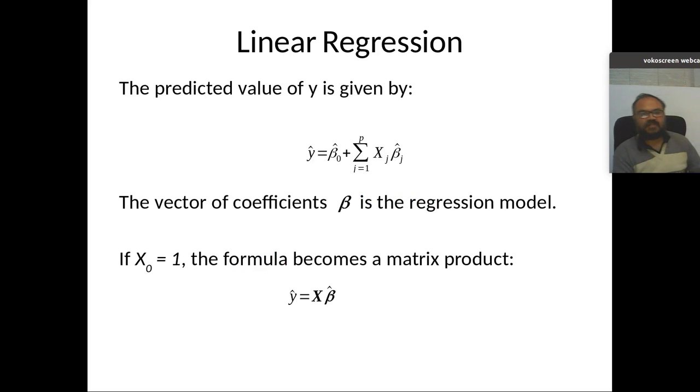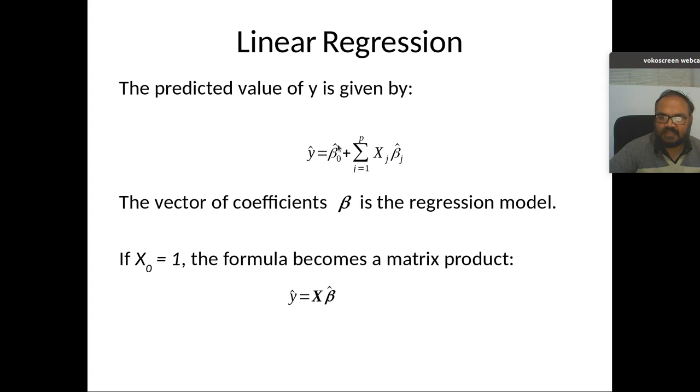In linear regression, the predicted value of y is given by this formula. As you can see here, there is a bias term beta naught, and there are coefficients assigned to each feature of the input, and this linear relationship would give us a prediction of y.